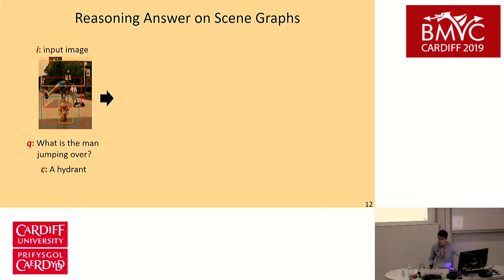So here is our proposed pipeline. We have an input image I and a question Q, and a candidate answer C if we focus on the multiple choice setting. We can first transform the input image to a graph G using the methods in the previous slide.